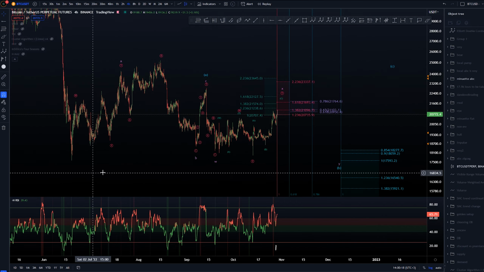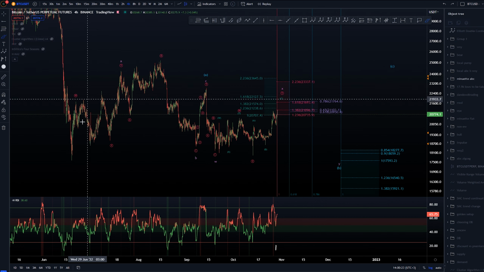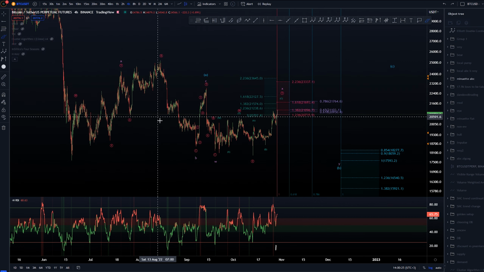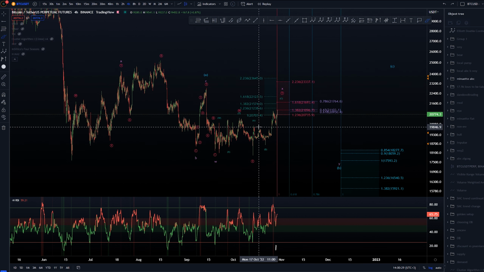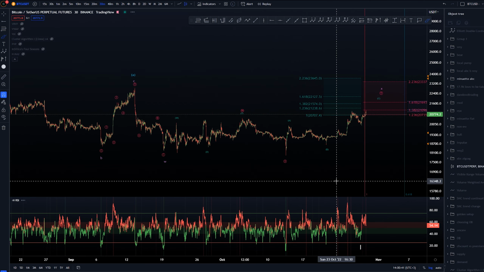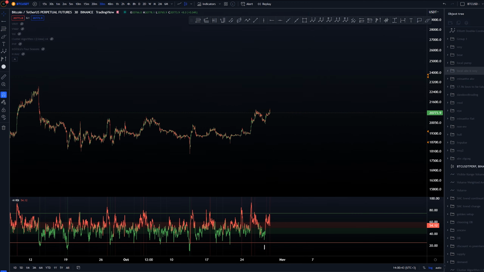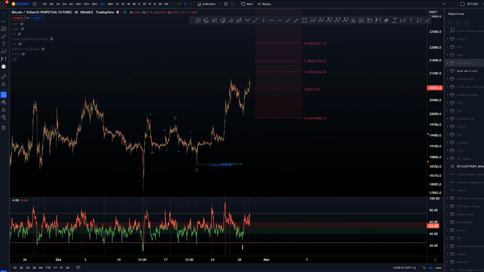And while we are within the same area of interest, and all of these structures that we've had are very similar, very three-way-ish, very overlapping on the higher time frame, it doesn't give us the confidence to play the higher time frame structures. So that's why I'm focusing on the smaller time frame, and making these videos more about the smaller time frames instead. Hopefully that makes as much sense to you as it does for me.